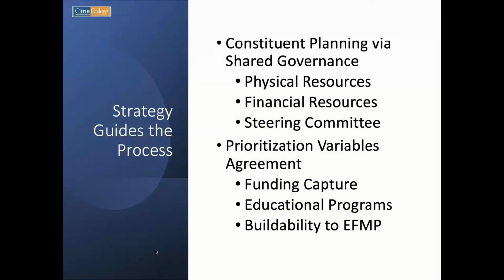So constituent planning via the shared governance process. I told you a lot about the different committees, the physical resources, the financial, and the steering. If you don't get those folks on board, you will have a stalled project all the way across the board. There's a number of districts where it takes them years to get out of the ground.